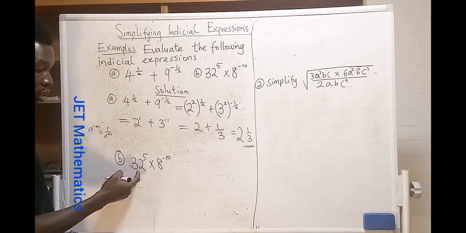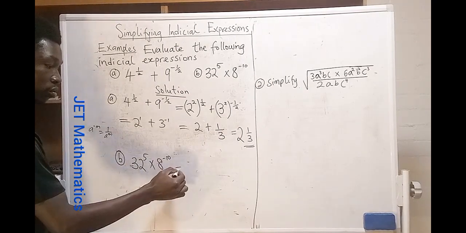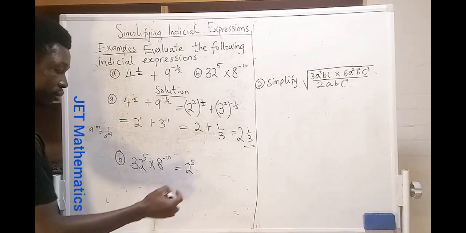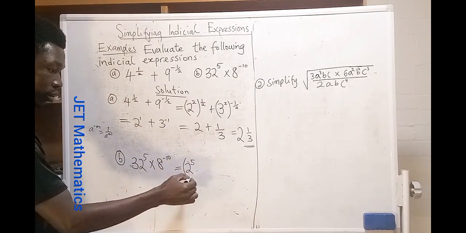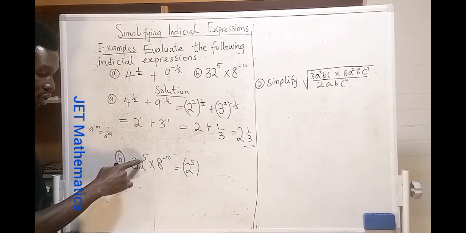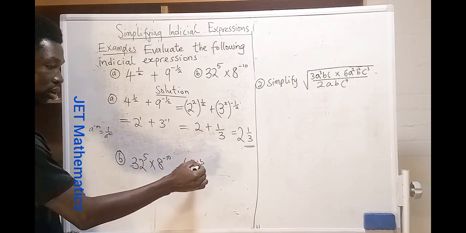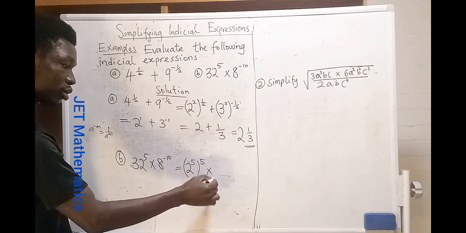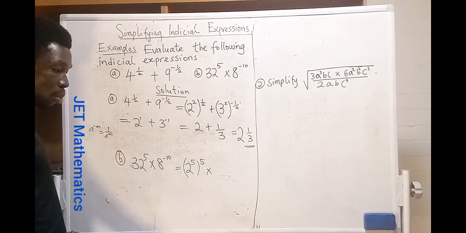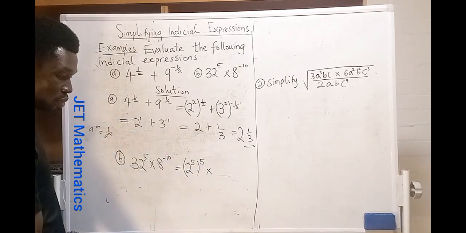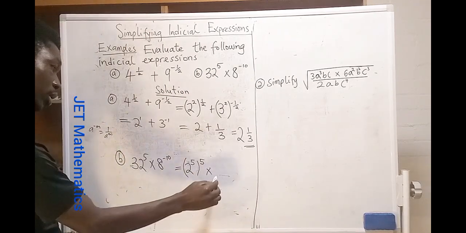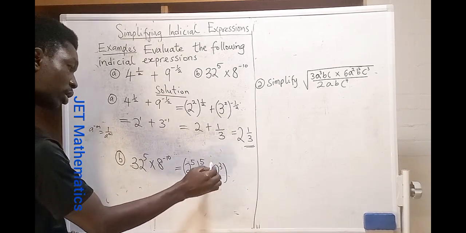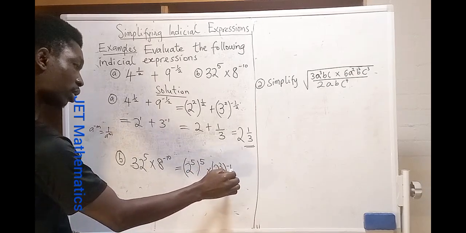We can express 32 as a power of 2. 32 as a power of 2 is 2 raised to the power 5. 2 raised to the power 5 is 32. Then this 5 here, this one out there, times, we can also express 8 as a power of 2. 8 as a power of 2 is 2 raised to the power of 3. That's our 8. Then times minus 10.